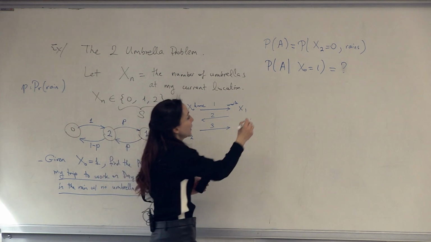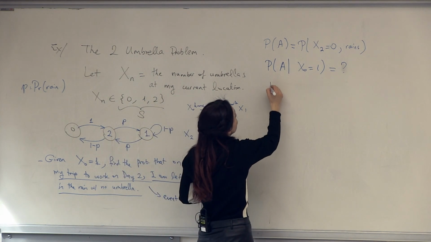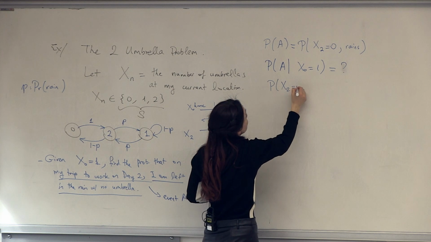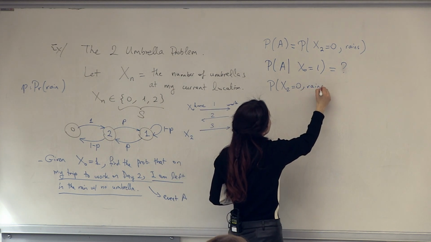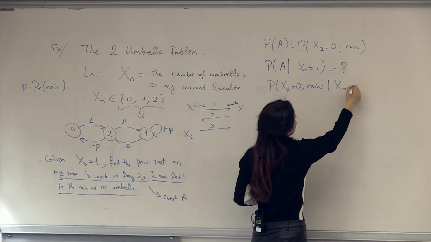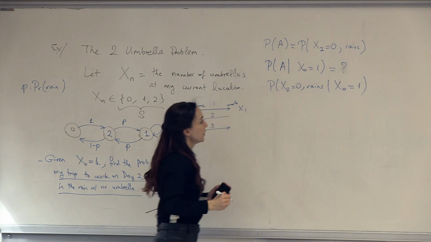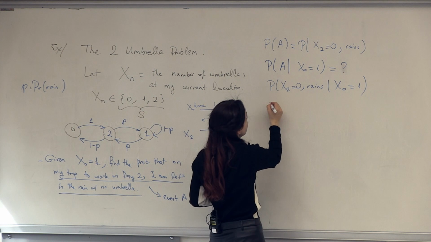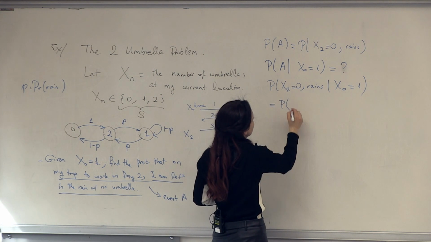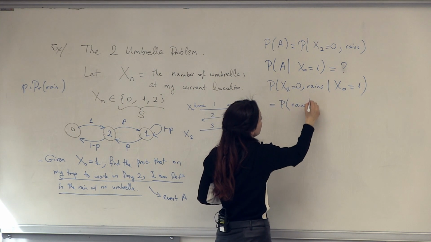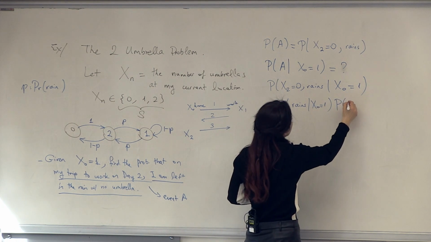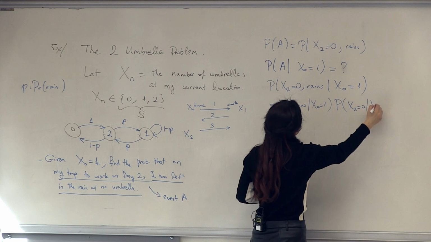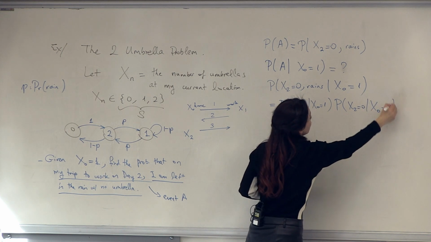So this is the probability that X2 equals 0 and it rains given that X0 is 1. But I can write this as the probability that it rains given X0 equals 1 times the probability that X2 equals 0 given X0 is 1.